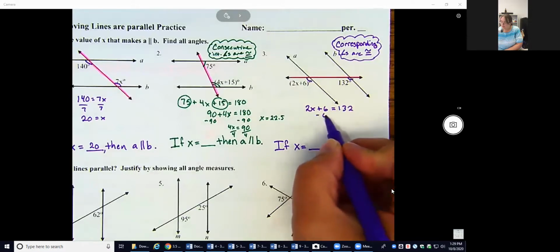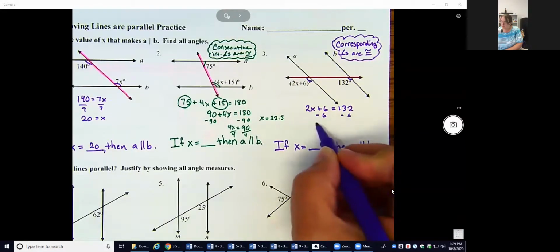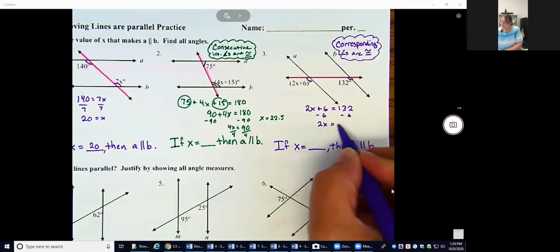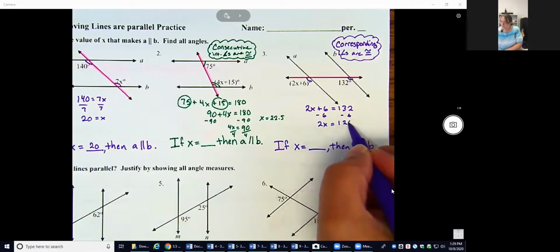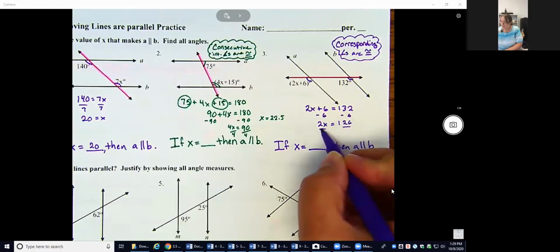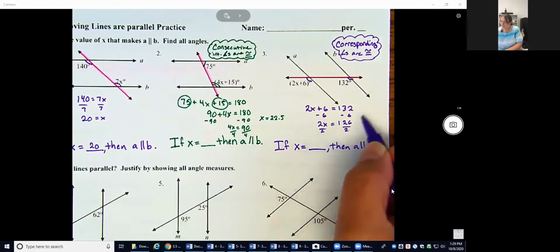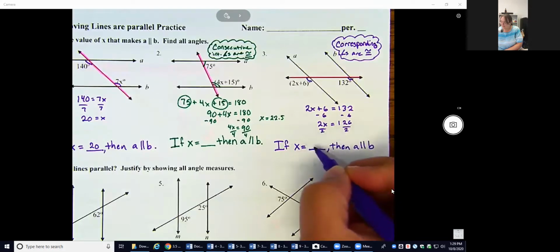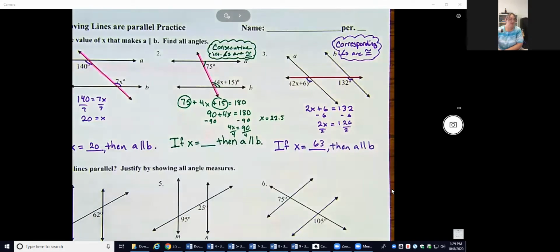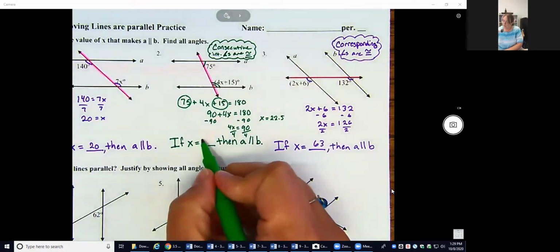Then you want to subtract 6 on both sides. 2x equals 126. Divide that by 2 on each side, and you end up with 63. Oh, I forgot to fill this last one in here. 22.5.